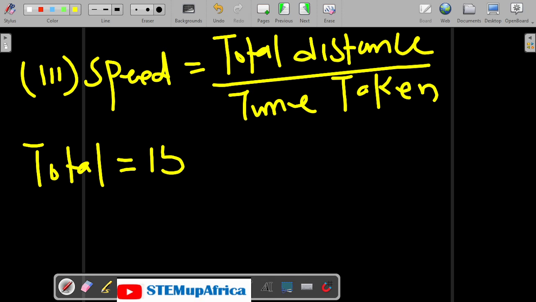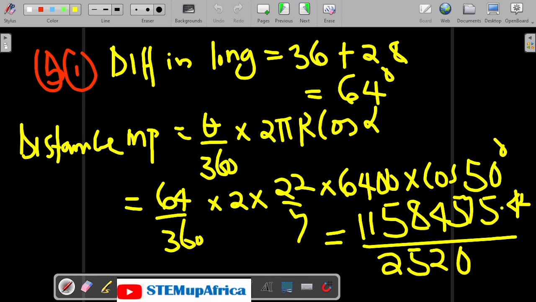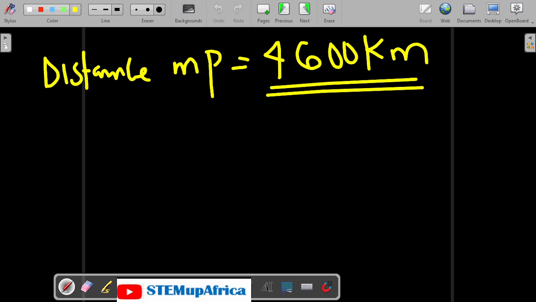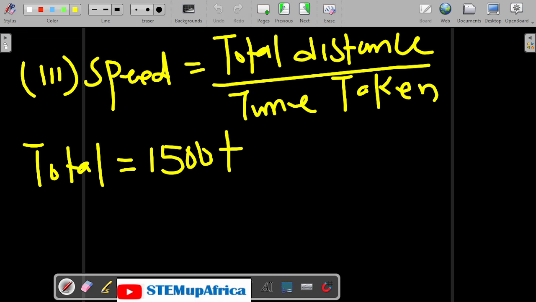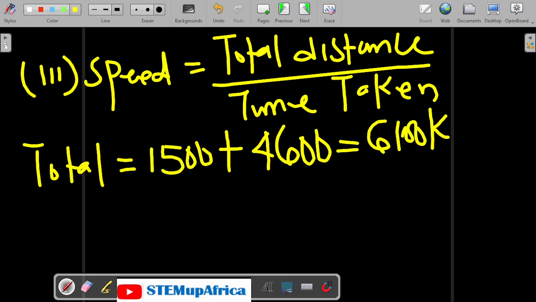Will be 1,500 plus, let's check the other distance we calculated. 1,500 plus 4,600. What are we having? 1,500 plus 4,600. That will give us 6,100 kilometer.